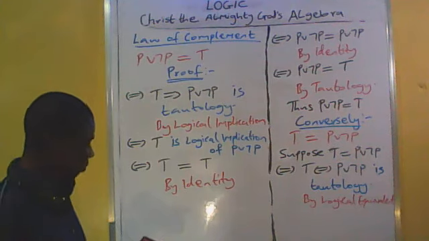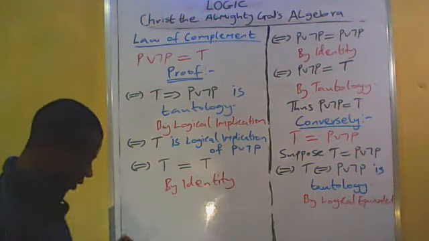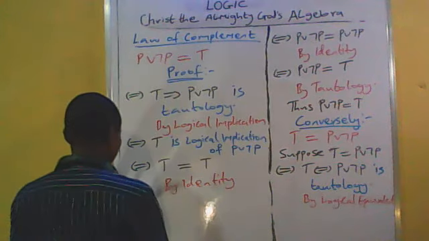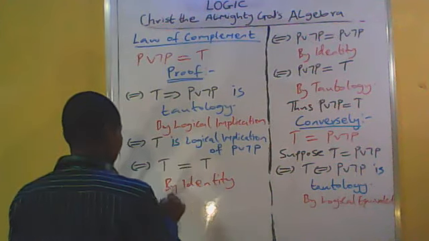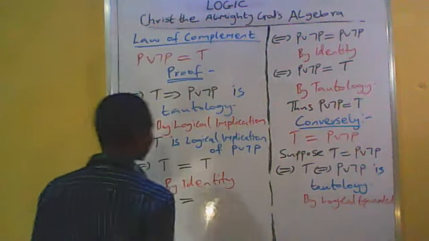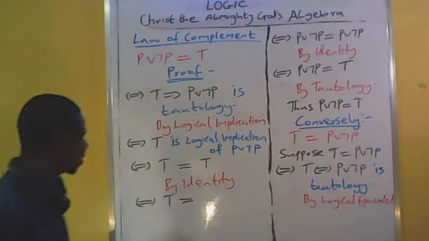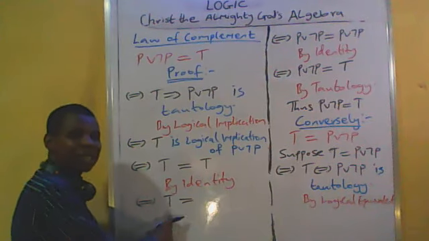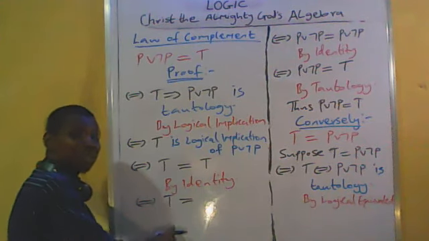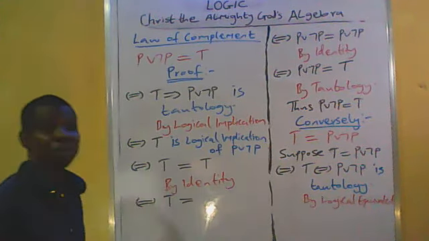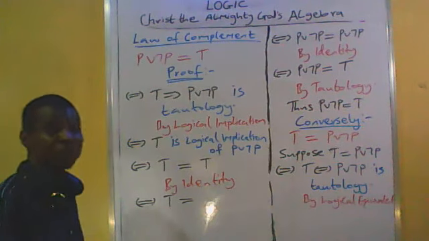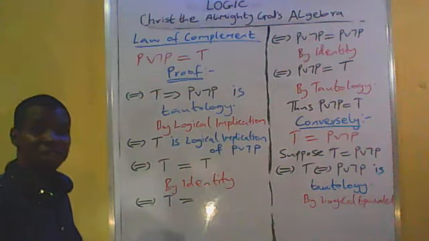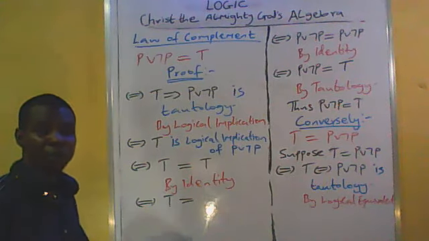We continue. Say that if and only if T is equal to, you see that this T is a constant. The constant is equal to T. And you see that this is equal to the law of excluded middle.